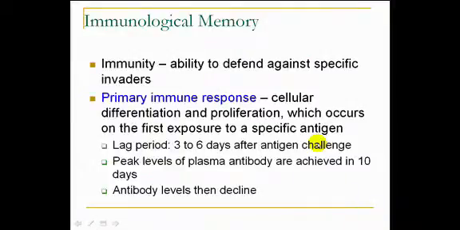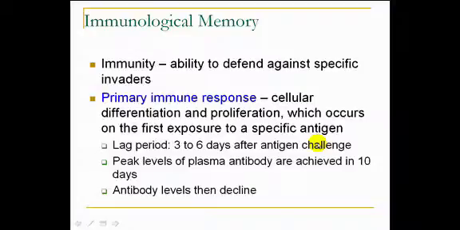So you have all experienced immunological memory, where you have immunity against a specific invader. That means that you might get sick the first time you're exposed to the invader, but the next time you do not. The first time you're exposed to a specific antigen, it's your primary immune response.